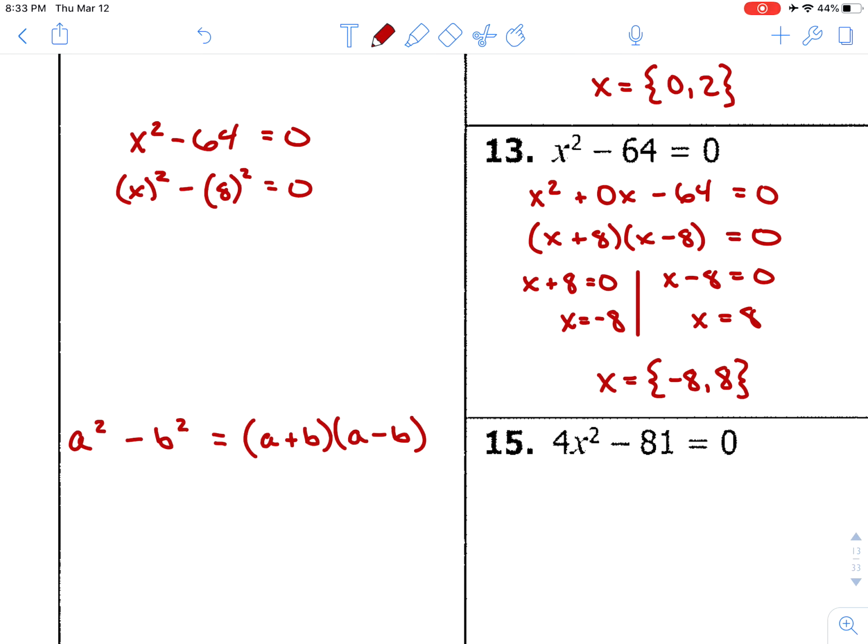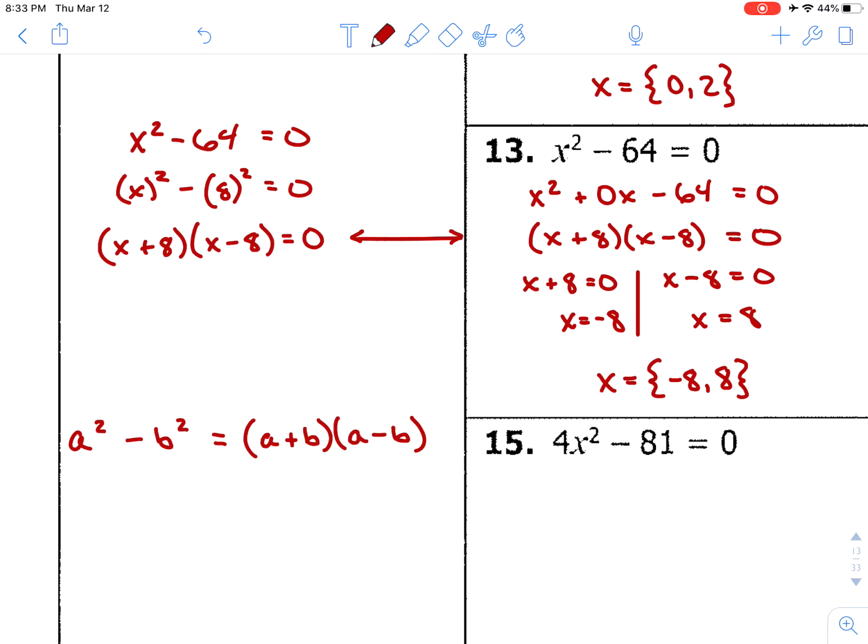So here I can get two factors then. a is x, b is 8. And if I then follow my form down here, a plus b times a minus b, then I get x plus 8 times x minus 8, which were actually my two factors that I had over here.